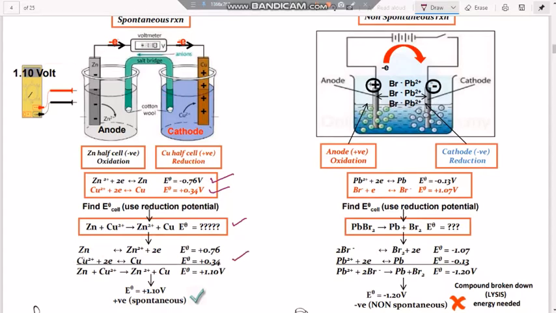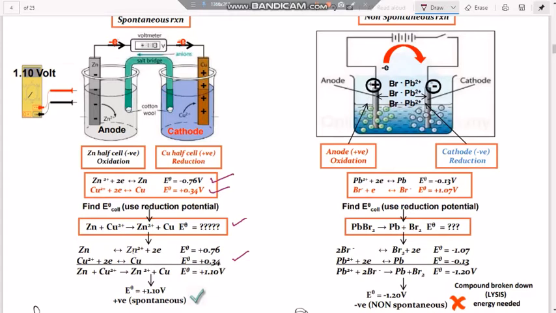In this equation, zinc loses electrons, the first equation. In the second equation, copper gains electrons, and both are added. So the oxidation potential of zinc is plus 0.76, and the reduction potential of copper we have added.